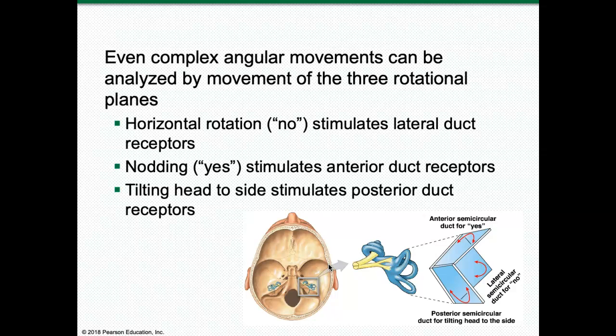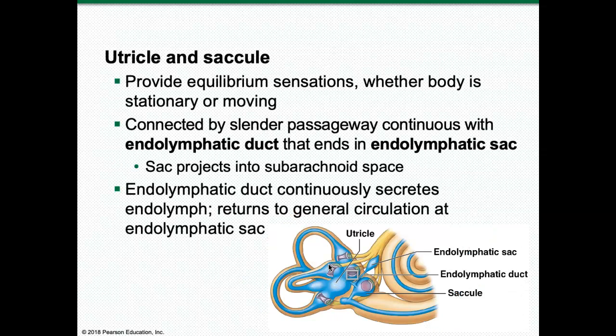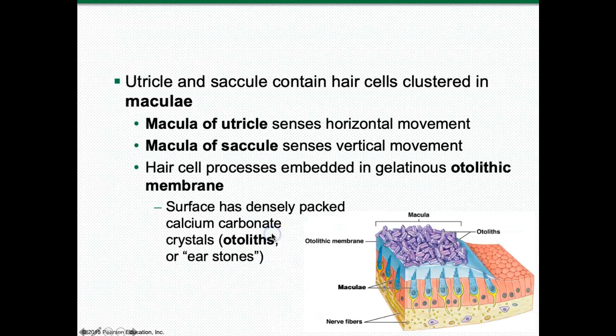Horizontal rotation stimulates one duct, nodding another duct, and tilting the head to the side stimulates the third duct. This is called rotational motion. The utricle and the saccule provide equilibrium sensations whether the body is stationary or moving. Now these, you don't need to worry about these endolymphatic sacs, that sort of thing.